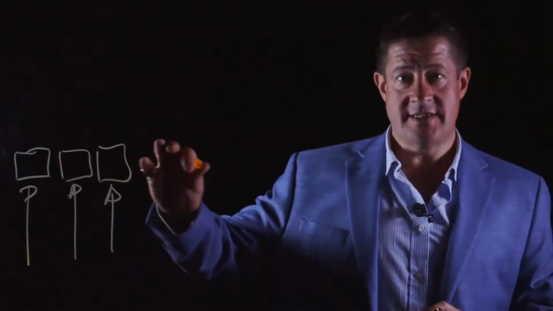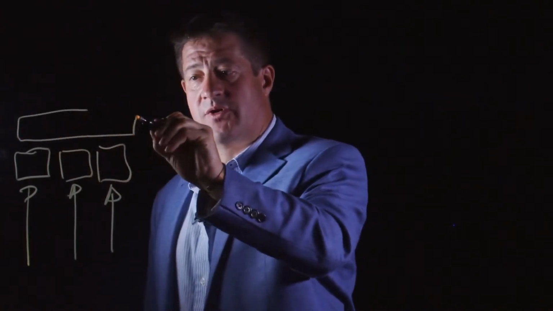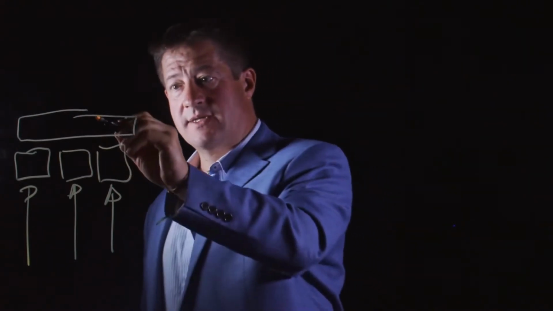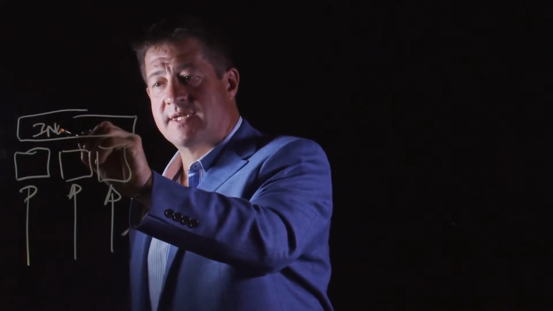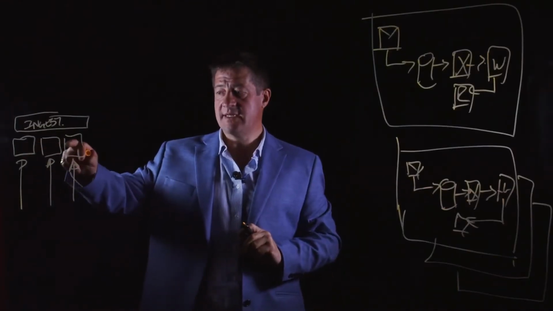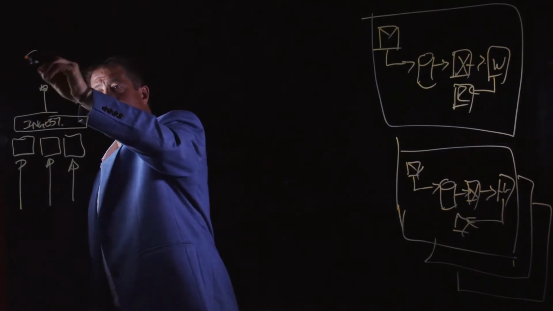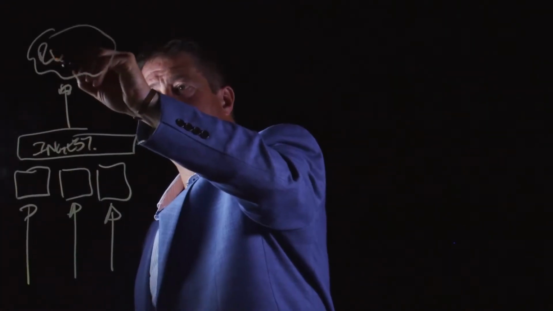All of the client's data is stored separately. What we then do is we run a process across all clients called an ingest process, where we take all of the data in each individual area and we put it into a large relevance engine.